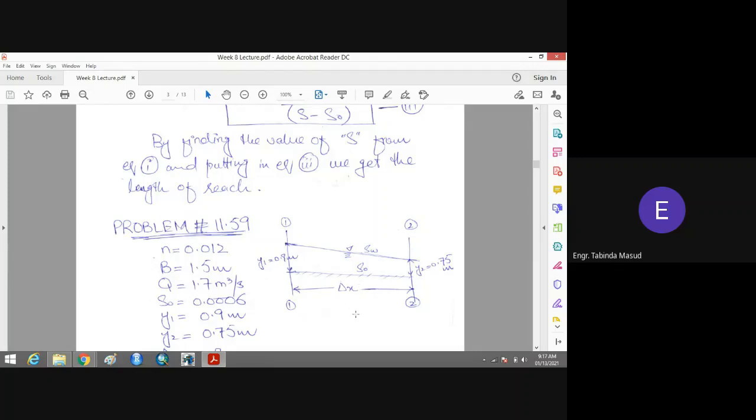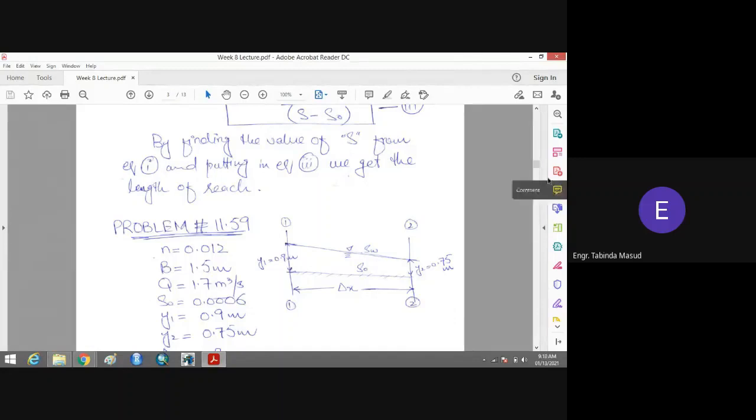The horizontal distance is 320 meters. So it means that the depth of the flow is decreased, or you can say the depth of the flow is changed by 0.15 meter over a horizontal distance of 320 meters. Horizontal distance is very, very long and vertical difference is very, very small. That's why this is known as the gradually varied flow. Okay.